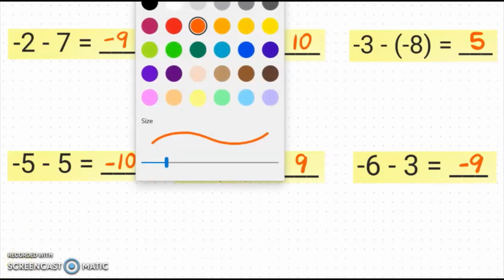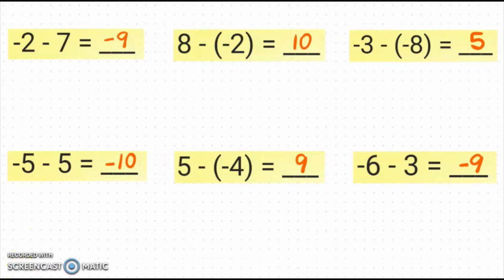So in this first one, negative 2 minus 7 is negative 9. It's like we added negative 2 and negative 7, right? It's because the minus sign could be the sign of our 7 here, the one that follows the minus sign. So it's like adding negative 2 and negative 7.